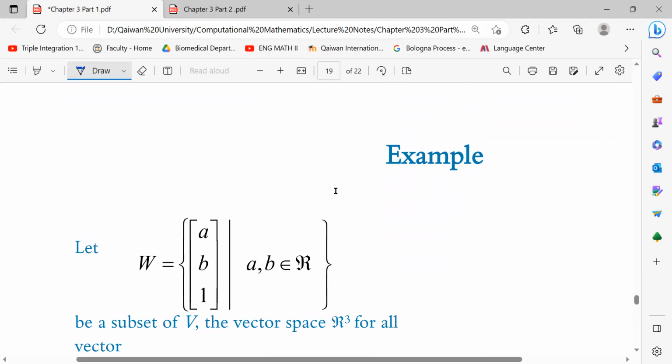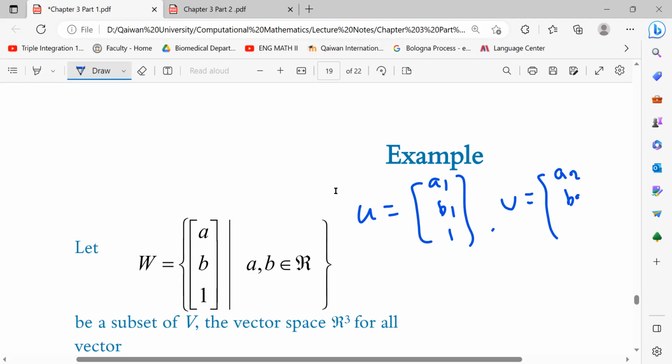Now, let's take two vectors in W. Let u be a vector in W, which is (a1, b1, 1), and v be any other vector in W, let's say (a2, b2, 1). Any vector in W must be of the same form as defined there.